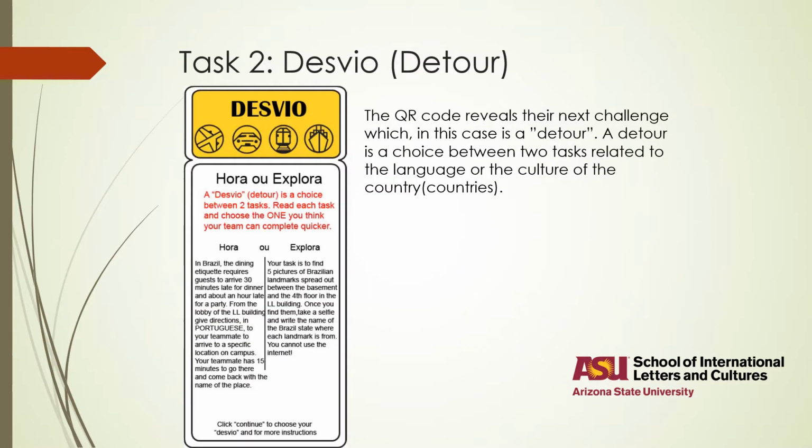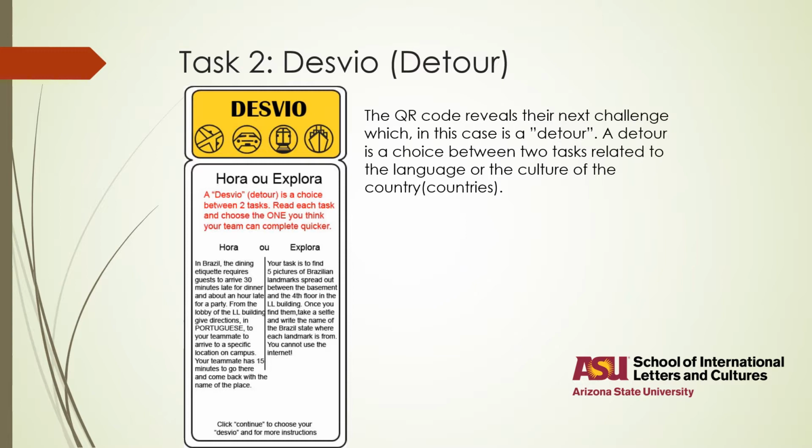In the pilot program, the next challenge, or task two, was a detour, or a Desvio, where they had to choose if they were going to do Aura or Explorer. In Aura, they would have to give directions to their other teammate to find a place.